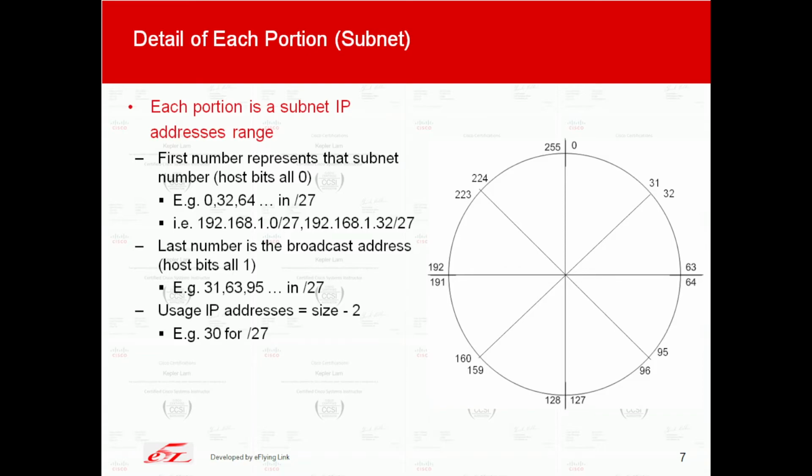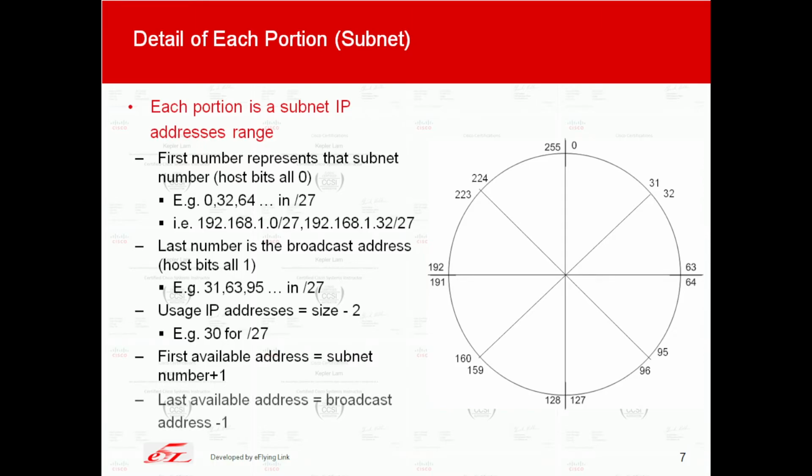Obviously, the first available address is the subnet number plus 1, while the last available address will be the broadcast address minus 1. For example, for the subnet 32 in this diagram, the first available address will be 33, while the last available address will be 62.